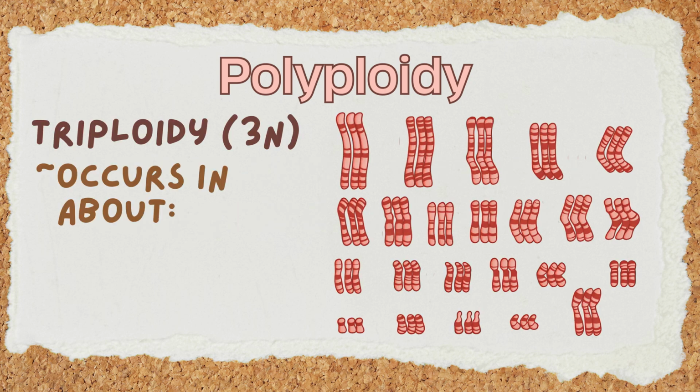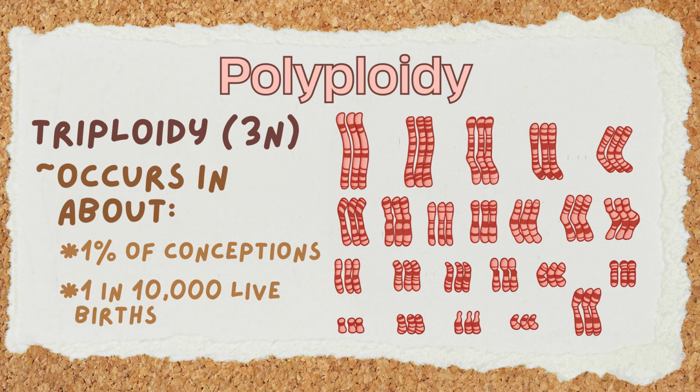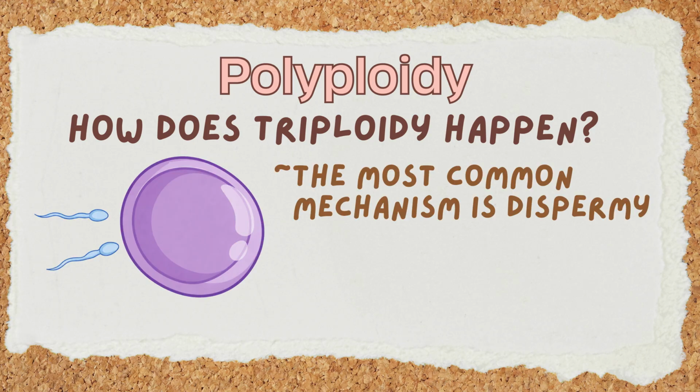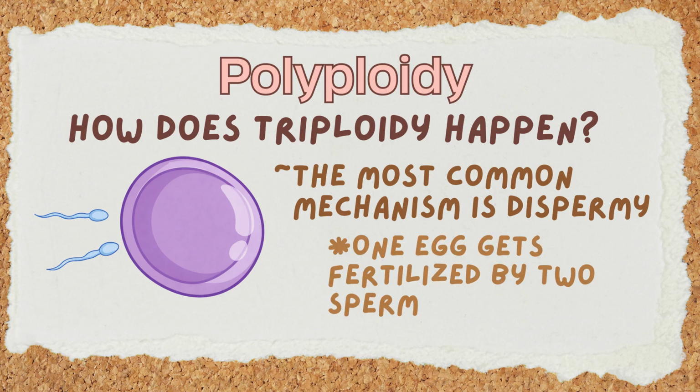Triploidy occurs in about 1% of conceptions, but only about 1 in 10,000 live births. So again, it's very common early, but rarely seen later. Now, how does triploidy happen? The most common mechanism is dispermy, meaning that one egg gets fertilized by 2 sperm.